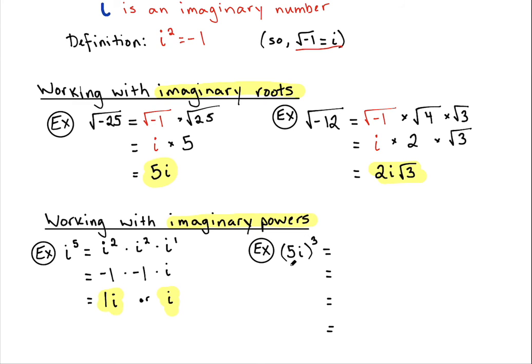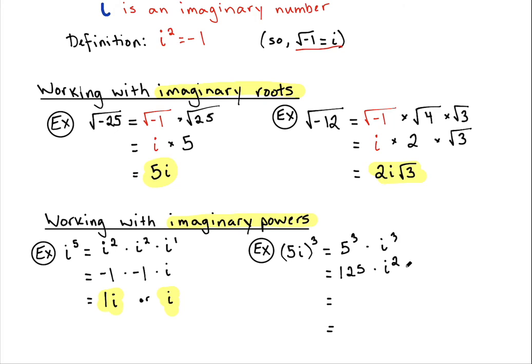But we can also do things like include numbers here. So this is 5i, quantity to the cubed, to the 3rd power. And I can think about this as 5 cubed times i cubed. Now, 5 cubed, I distributed that exponent, is 125. And I want to split i cubed again into groups of i squared.